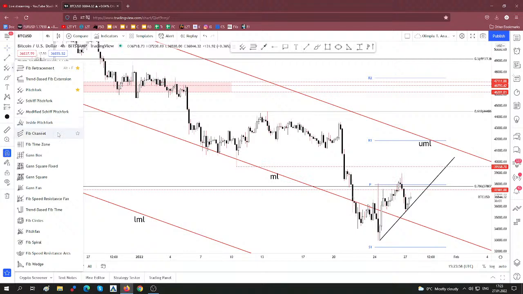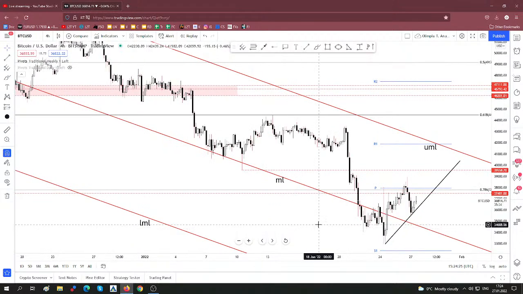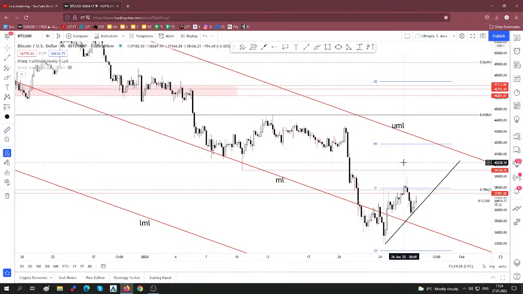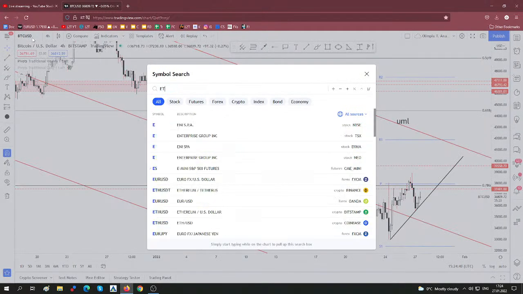I don't know, Fibonacci channel, Gann, pitch fan, and also maybe you want to use Gann box, square, and also Fibonacci. Using all these technical tools, along with indicators, price action, fundamentals, will really help you guys to identify great opportunities, signals.